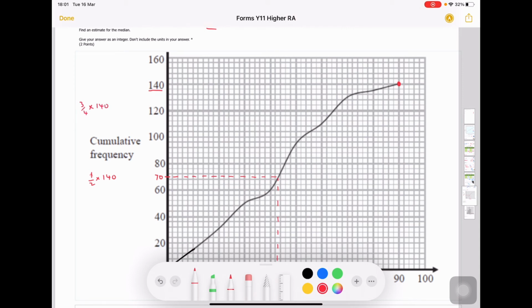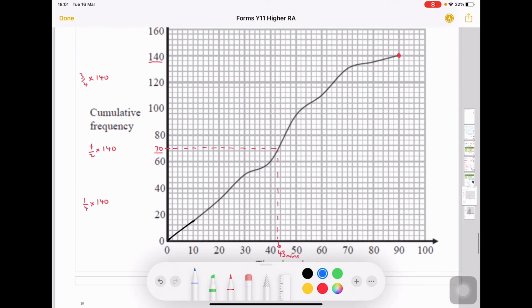The lower quartile will be 1/4 multiplied by 140. Another way of doing it is just by halving 70 again. If we half 70, we get 35. So this is 30, and this would be 35. And the other one would be 105.